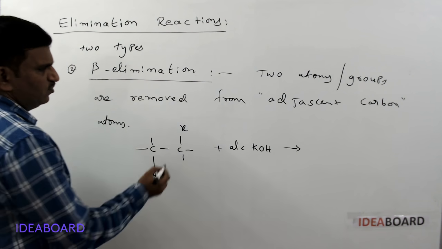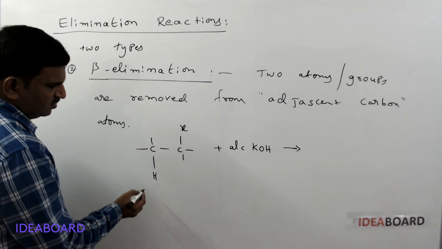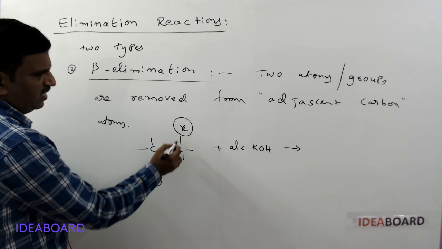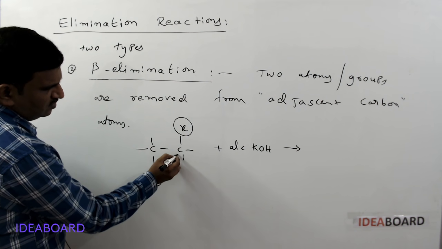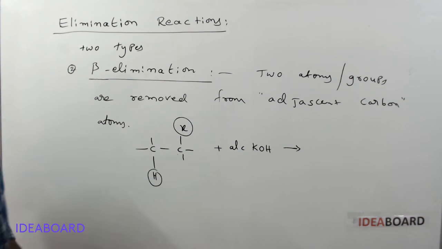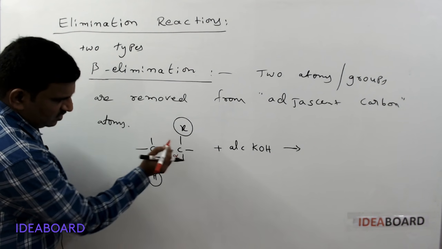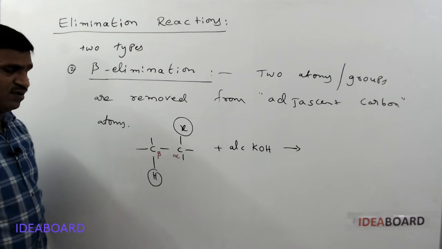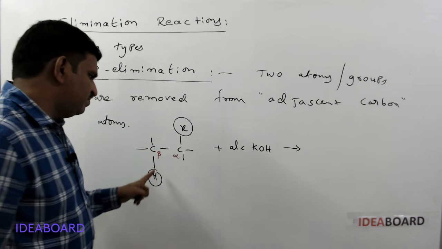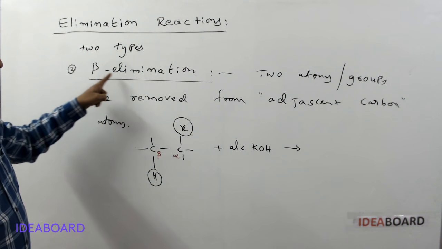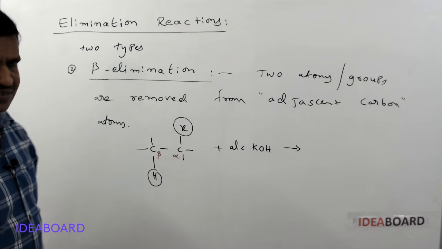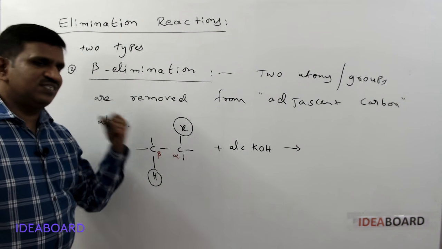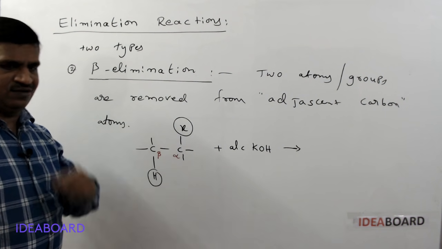So whenever we are removing the hydrogen and halogen, the halogen-containing carbon is called the alpha carbon, and the adjacent carbon is called the beta carbon. So from alpha and beta we are removing, so this is called the beta elimination process. Beta elimination means whenever we are removing from adjacent, alpha and beta.